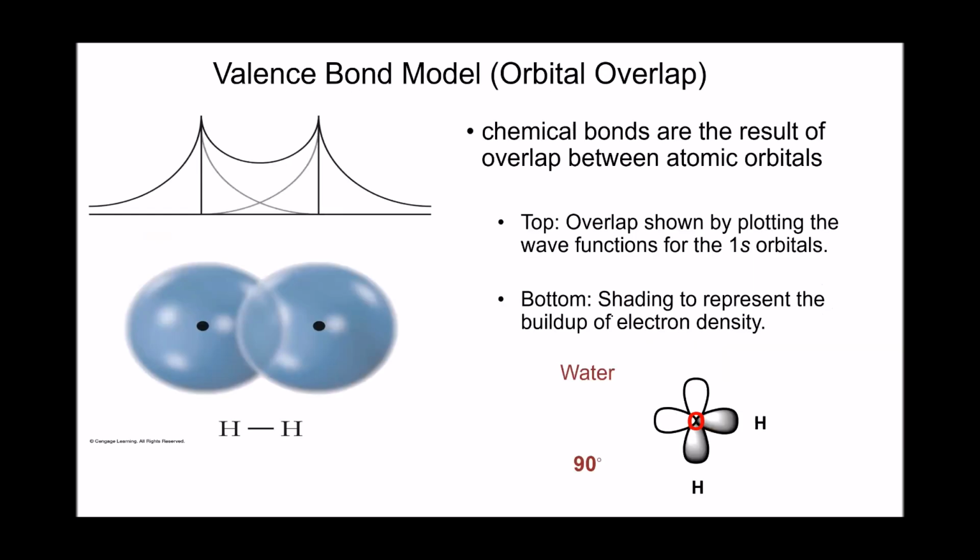But it is really important to emphasize here that neither the Lewis structure description nor the orbital overlap model that we described earlier is able to explain the shape of the water molecule.